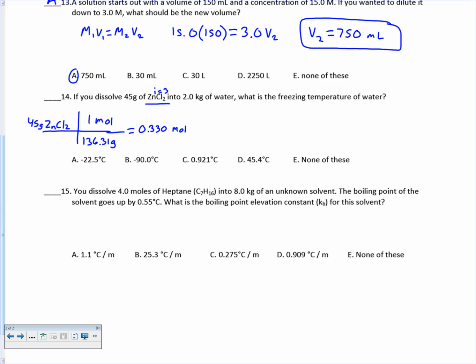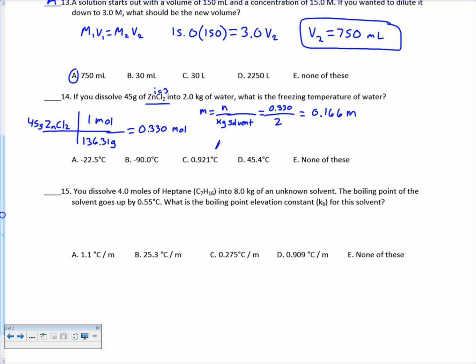Then to get molality, we know molality equals the number of moles of solute over the kilograms of solvent, which in this case is 0.330 over 2 kilograms, equal to 0.165 molal.